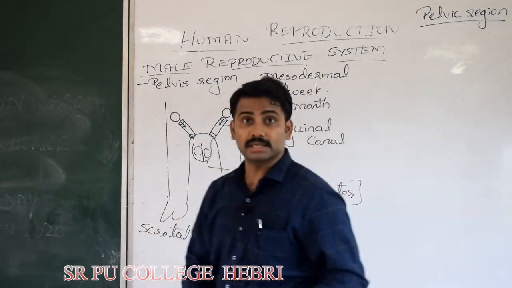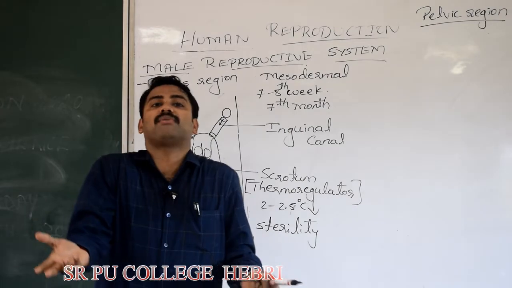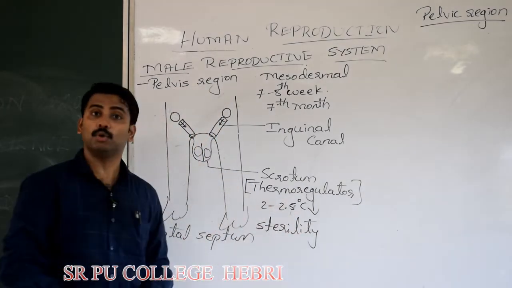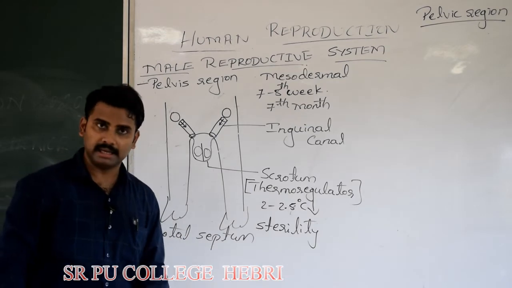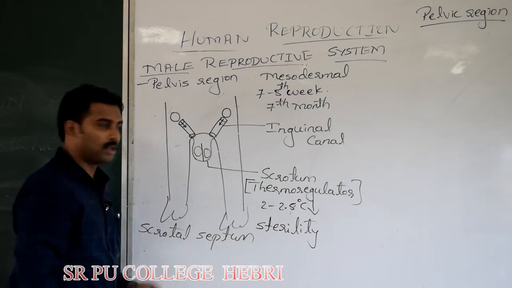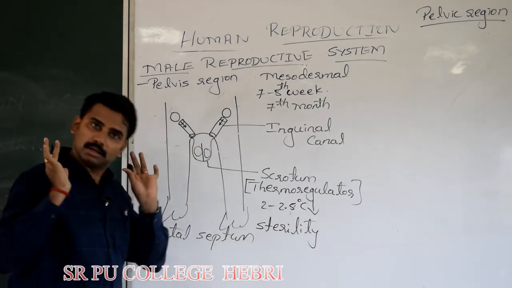In such cases a male can suffer from infertility, or sterility. Is that clear? So the origin of the testis is the abdomen, and later it gets settled in the scrotum.